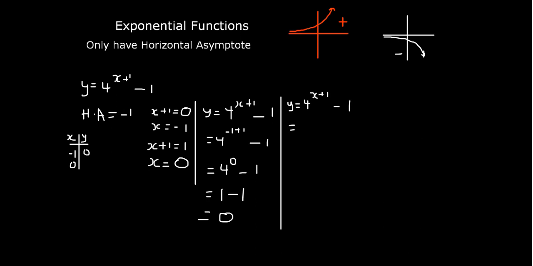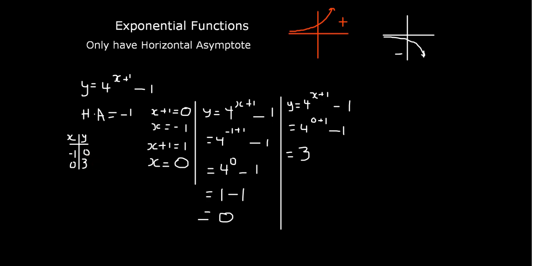Where there is x we put 0, so 0 plus 1 on top here. When we say 0 plus 1, it will be 1. So it's 4 to the power of 1, which is 4. 4 minus 1 must be 3. Our y will be 3 here, and we put 3 here, right?